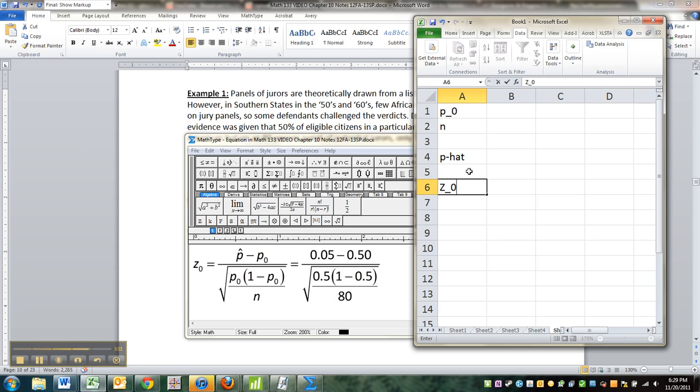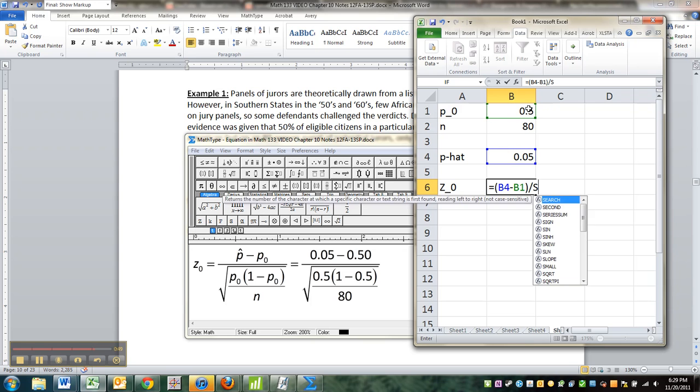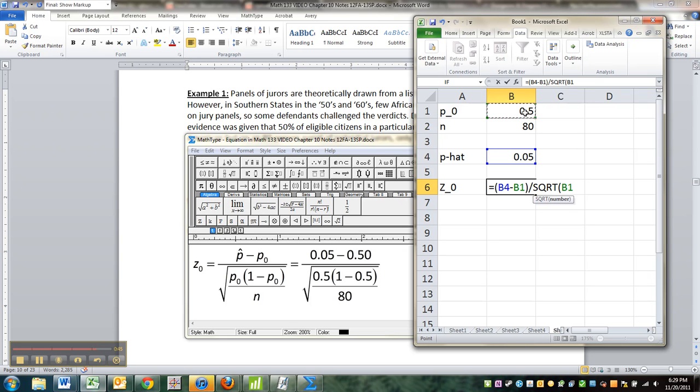Okay, now p0 for us was 0.5. n was 80, and p hat was 0.05. So you can do the formula: parentheses, this cell minus this cell, close parentheses, divided by SQRT of 0.5 times parentheses 1 minus that cell, 0.5, divided by that cell, which is 80.